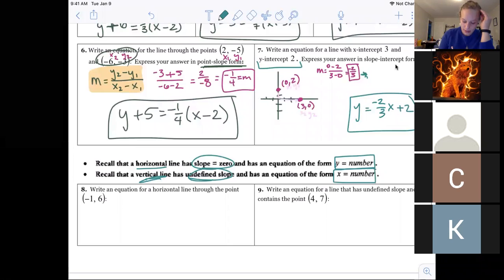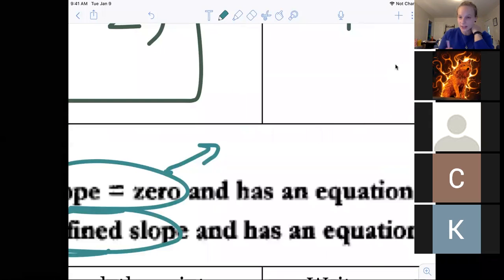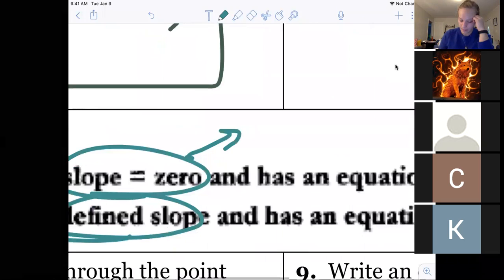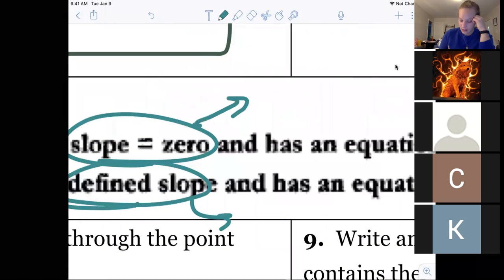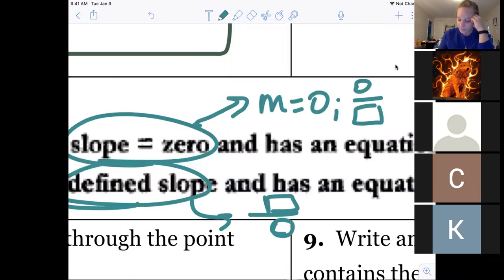We're going to first talk about slopes. If it has a slope of 0 versus an undefined slope, we need to remember what an undefined slope looks like. An undefined slope is anything over 0. While a 0 slope is just m equals 0, or it's basically 0 on top of any number.